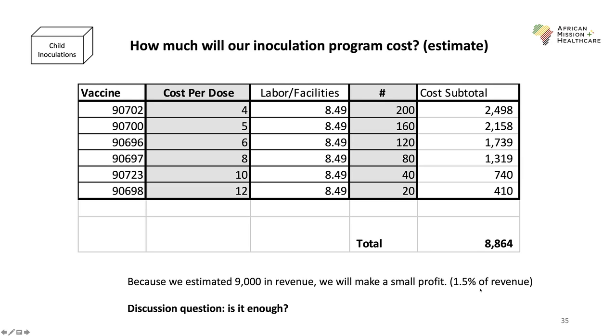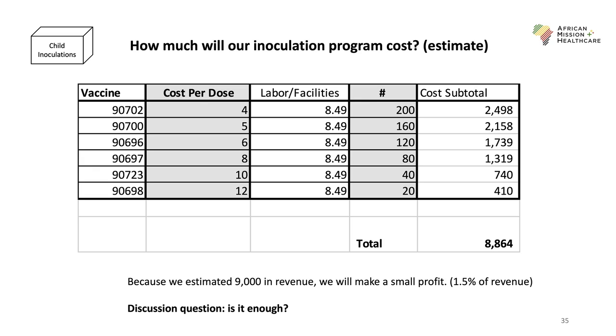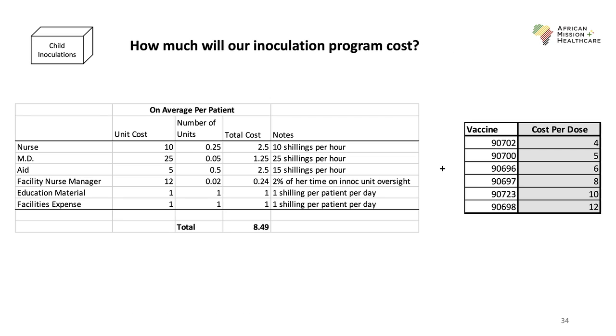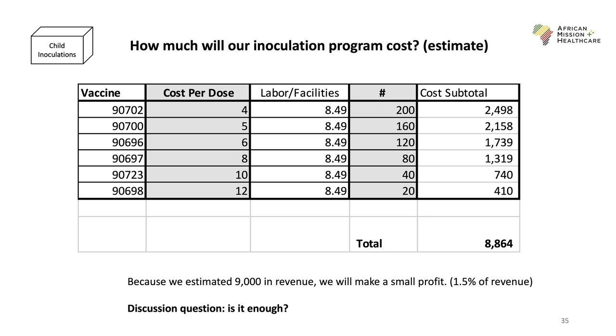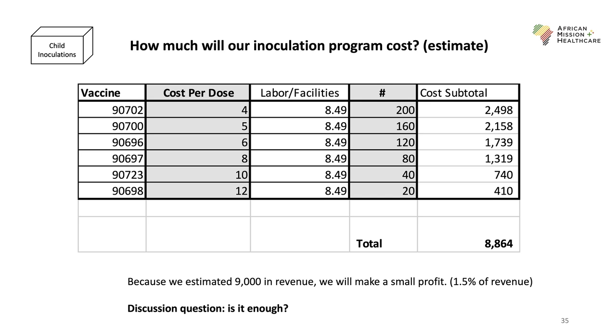And over time, we hope to be able to bank some of our profits to build a bit of a cushion. So that's the example. Hopefully that makes some sense. And we'll jump into the wrap-up next. When we combine our revenue estimation with our cost estimation, we'll get some insights that are pretty powerful.